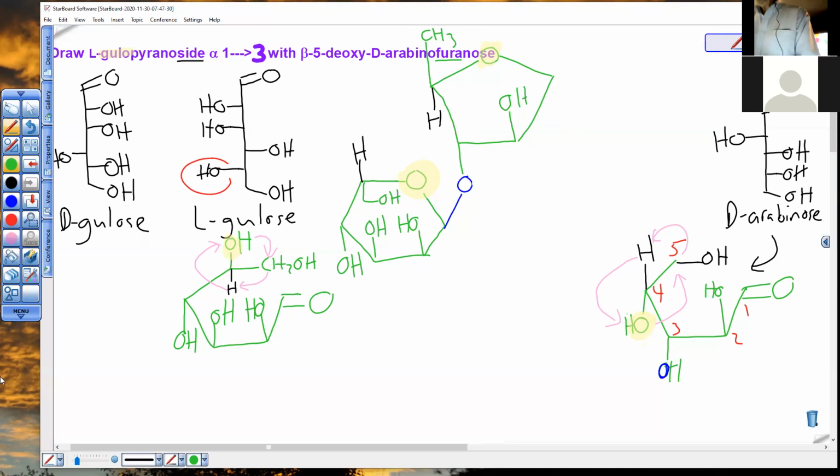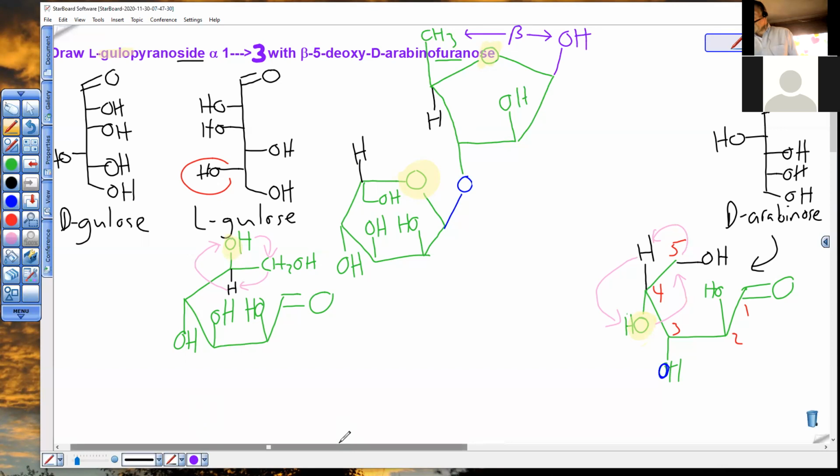Has to be up. Nah, don't do it in blue. There's your beta. Cis to each other. This here is a 6-point problem.